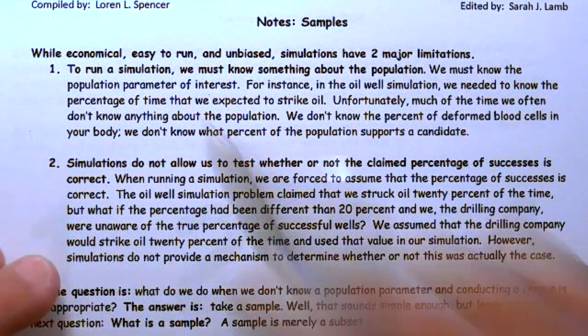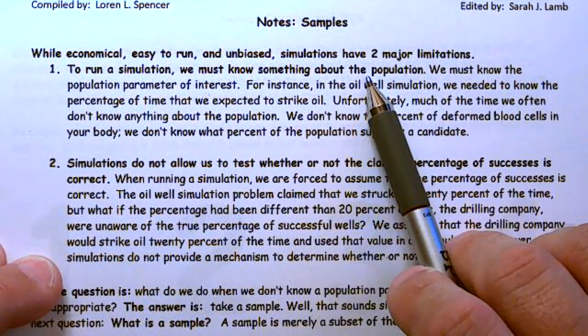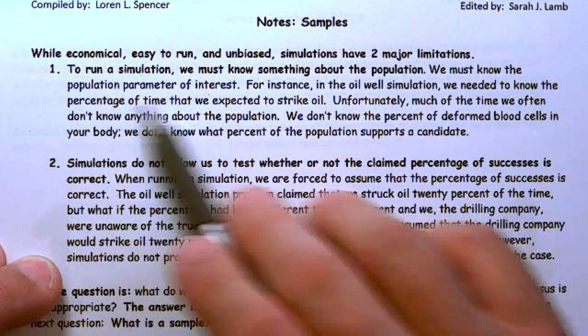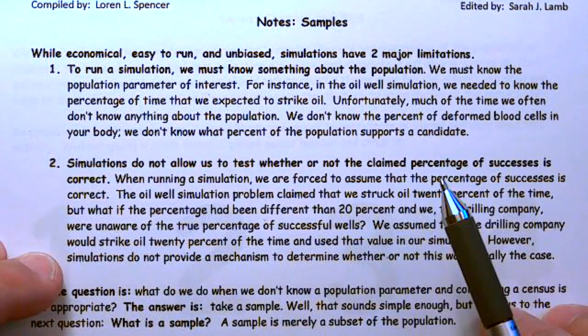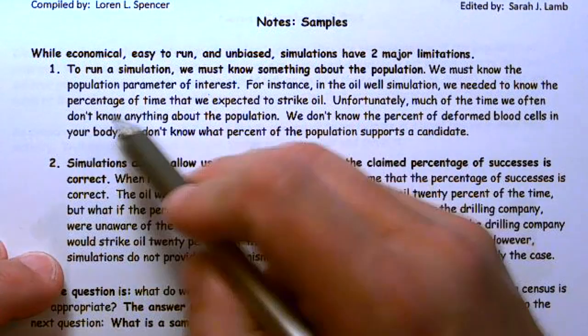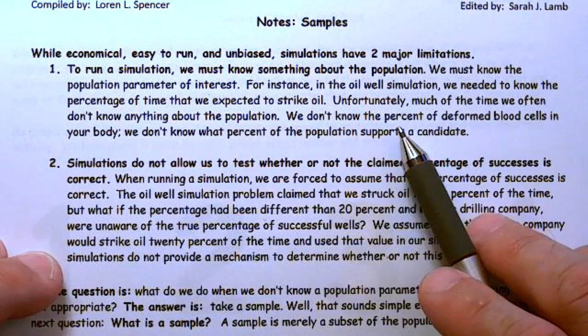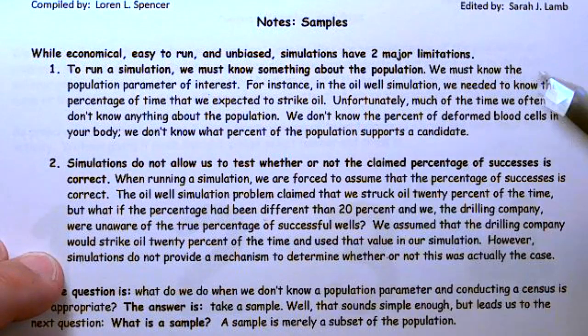First, in order to run a simulation, we must know something about the population. We must know the parameter of interest. For instance, in the oil well simulation, we needed to know the percentage of time that we expected to strike oil. Well, what if we didn't know that? And much of the time, we don't know anything about the parameter.